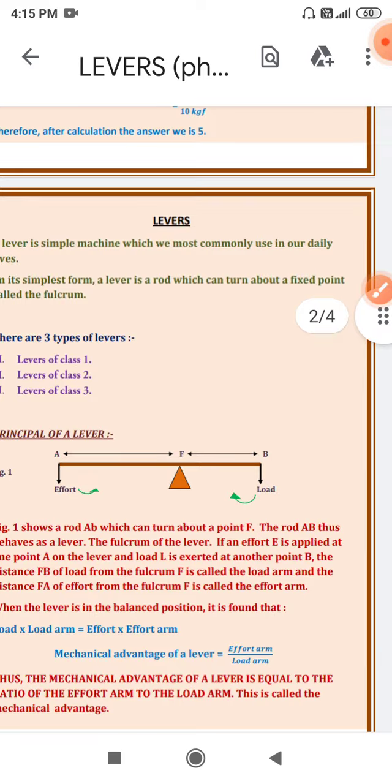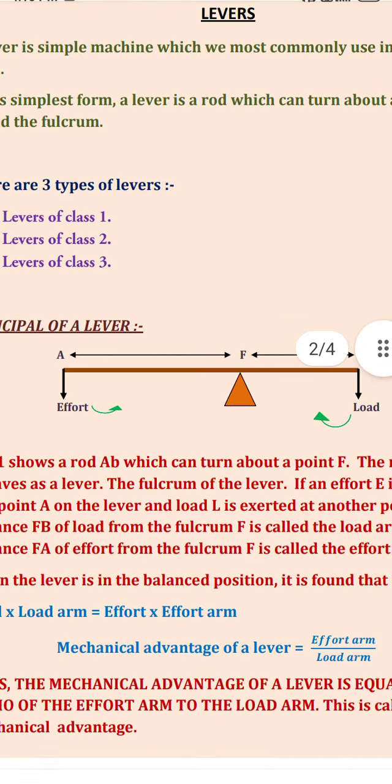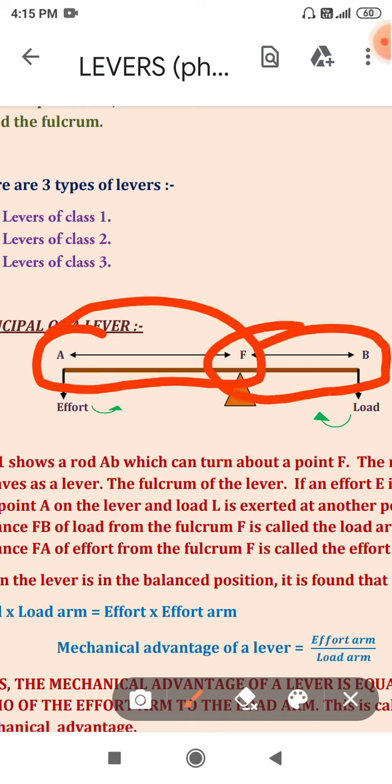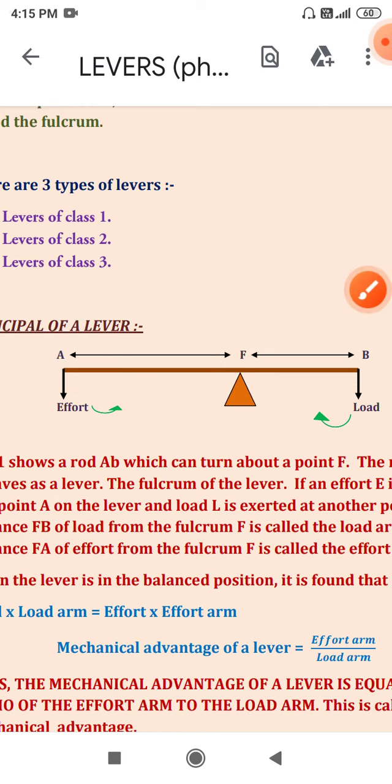Now what we can relate from here is that FA means we are talking about this part, and FB means we are talking about this part. Over here B means load, as above B it is written load, and above A it is written effort. So load means B and effort means A. The distance between the effort and the fulcrum is known as the effort arm, and the distance between the load and the fulcrum is known as the load arm.